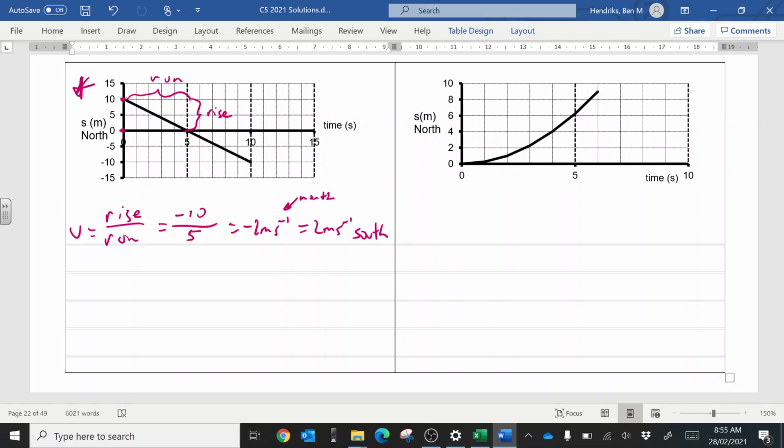So in this case, we can say an object starts at 10 meters north. So that's our displacement. Displacement is 10 meters north up here of a reference point.